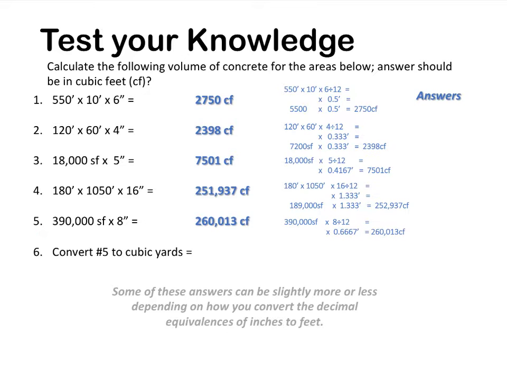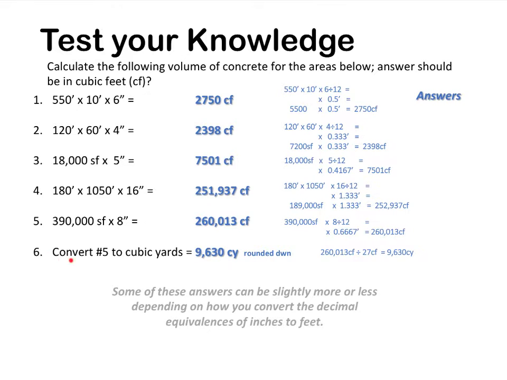Number 5. We're going to take 390,000 square feet times 8 inches thick. The first thing you need to do is convert the 8 divided by 12, which gives you 0.6667, and then multiply that 0.6667 times 390,000 square feet, and your answer will be 260,013 cubic feet.